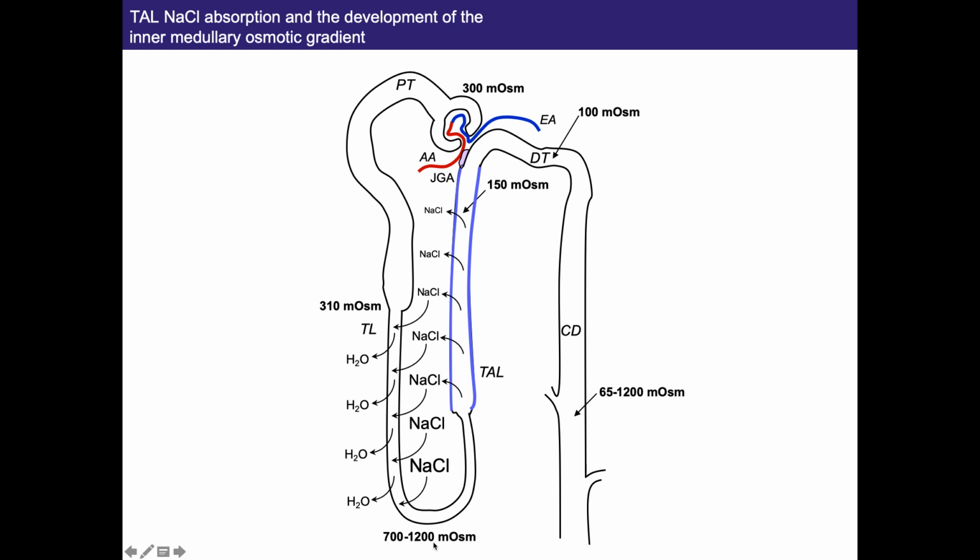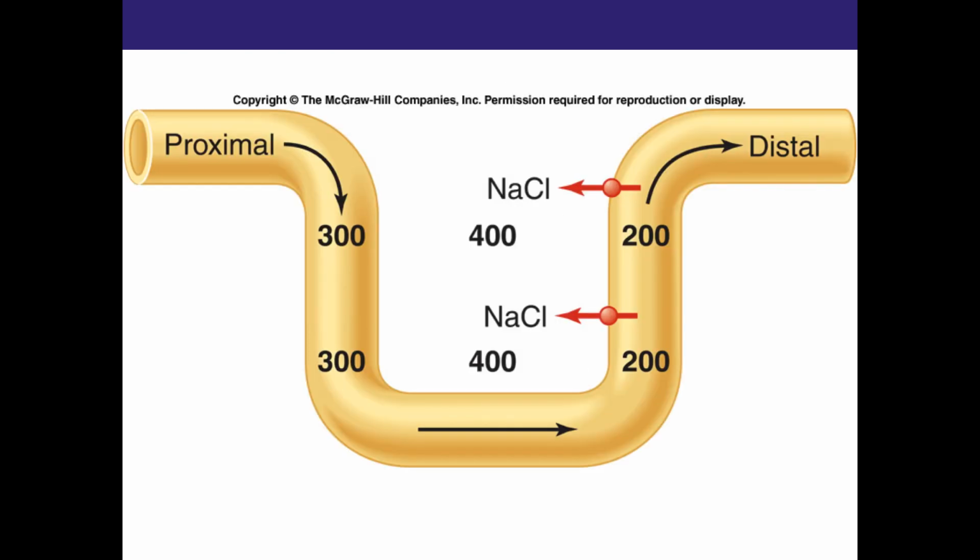Okay, so let's take a closer look just to help solidify this concept. This is a different diagram from your textbook. It shows the proximal tubule, the loop of Henle, and the distal tubule. When you filter fluid, it's about the same as plasma, about 300 milliosmoles.